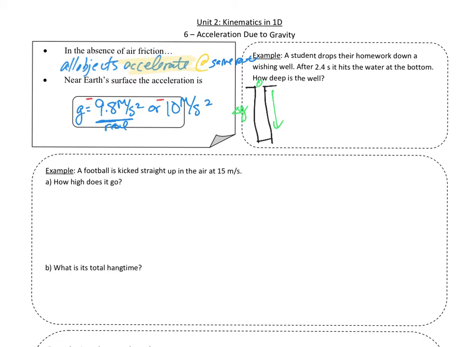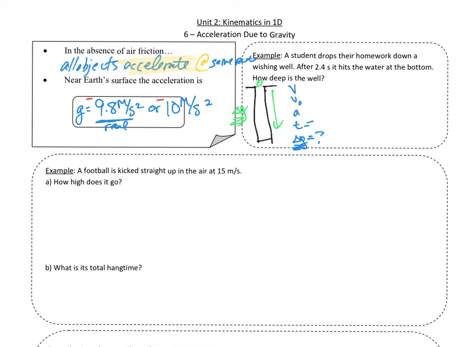delta y. So let's run through our variables and write all of them out here. Now, I'm using delta y because we're going vertically, not horizontally. So read through this problem again. They want to know how deep is the well, so that's our unknown.